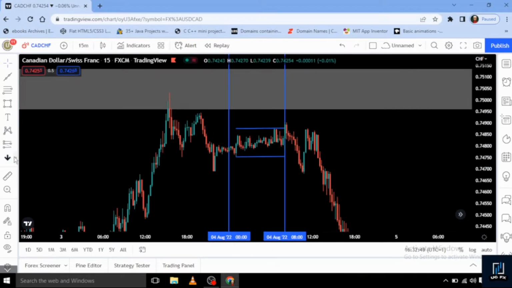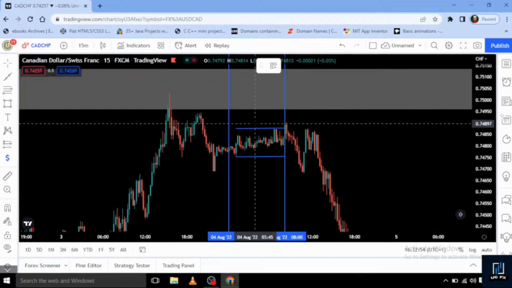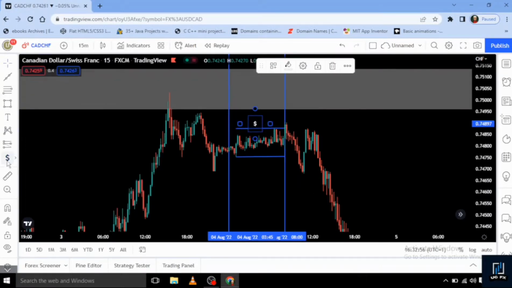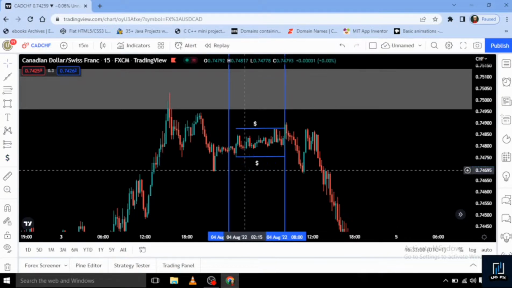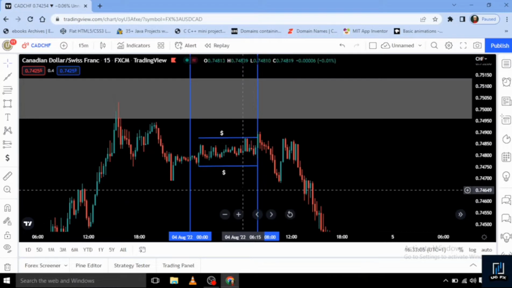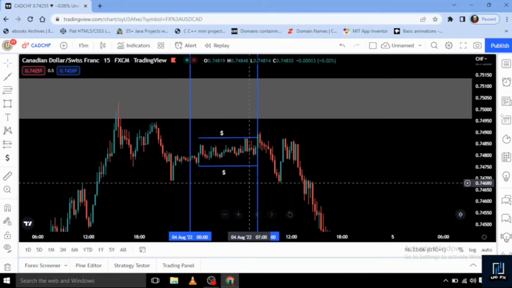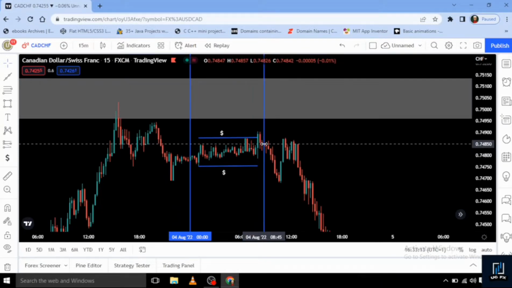So let's identify that. So we have our liquidity above our Asian highs and below our Asian lows. So what do you then wait for? You need to wait for price to actually take out this liquidity. As you can see, immediately during the London session, I want you to actually see this green candle.